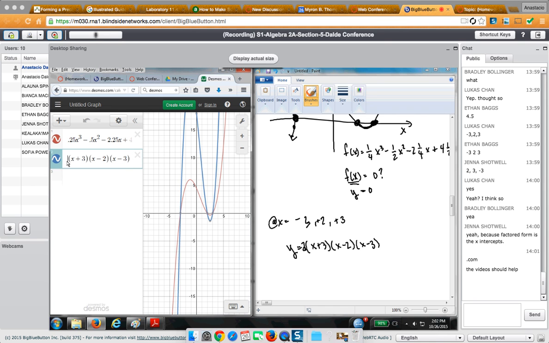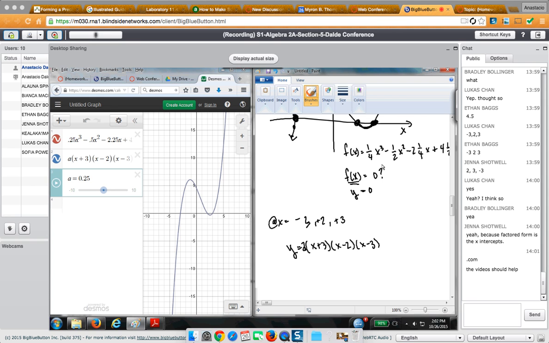The problem is I'm going to put an a out in front, and I want to make the a smaller, like let's try 0.4, 0.3, 0.2, 0.25. Aha! Because what that a does is it stretches, or makes my graph look a little bit better. Hey, guess what? I figured out a way to factor this equation down. Done. Does that sound good to you?